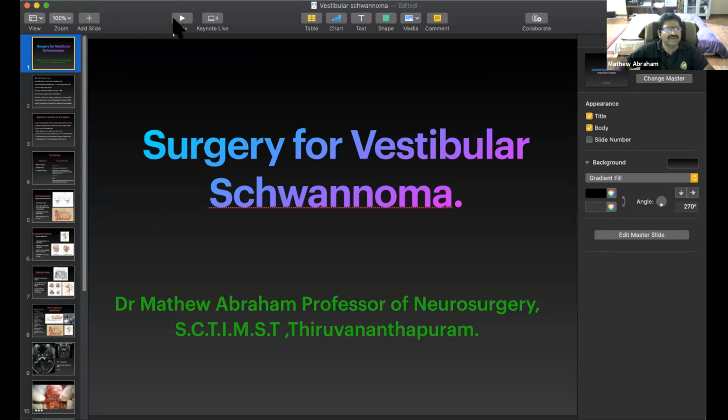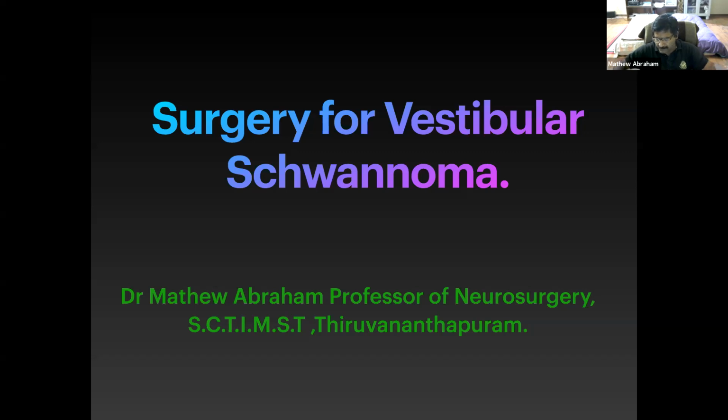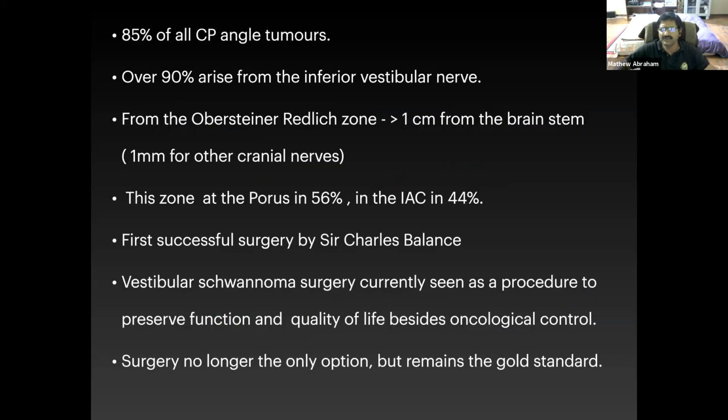Now, into the topic. Vestibular schwannomas form 85% of all CP angle tumors, and over 90% of them arise from the inferior vestibular nerve. So why is that so?